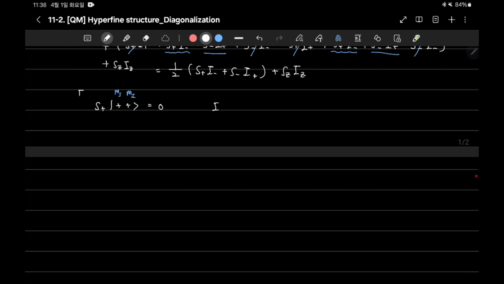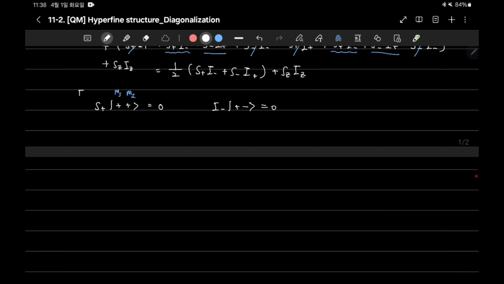Likewise, i minus applied to plus minus equals 0, because i minus is lowering the spin of the down spin, and lowering of down spin also equals 0.